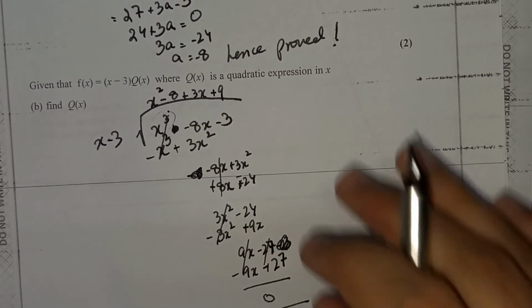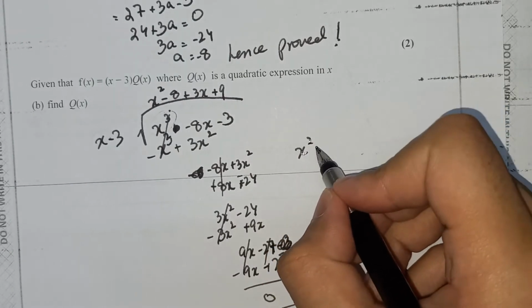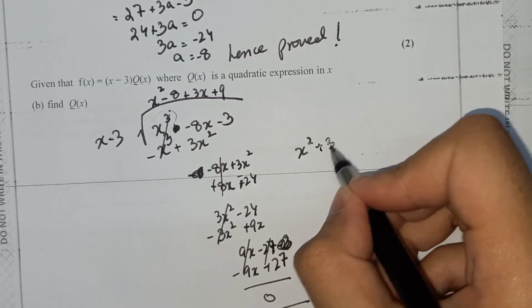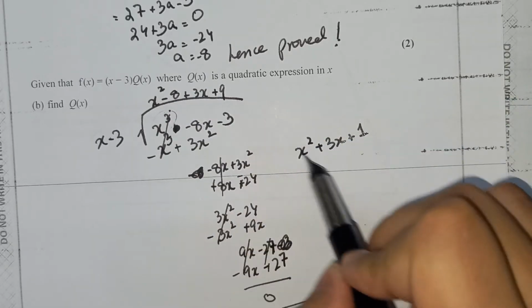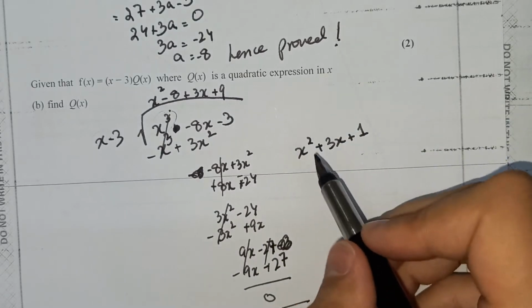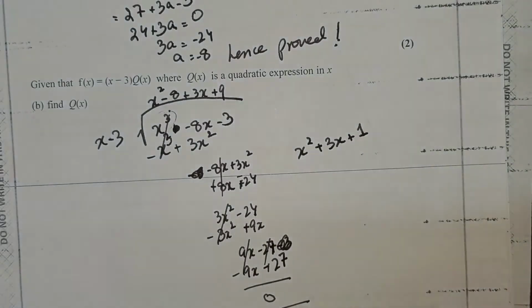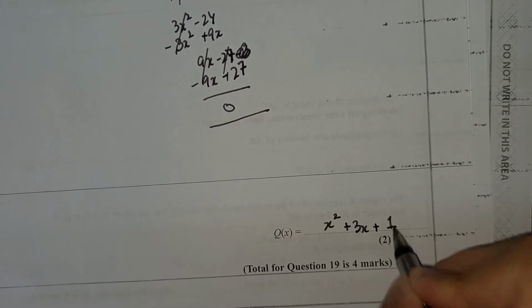And now this equation we have over here, simplify, which gives us this quadratic, when minus 8 plus 9 equals 1, 3x over here and x squared in the front. So q(x) is equal to, or the quadratic equation, x squared plus 3x plus 1.